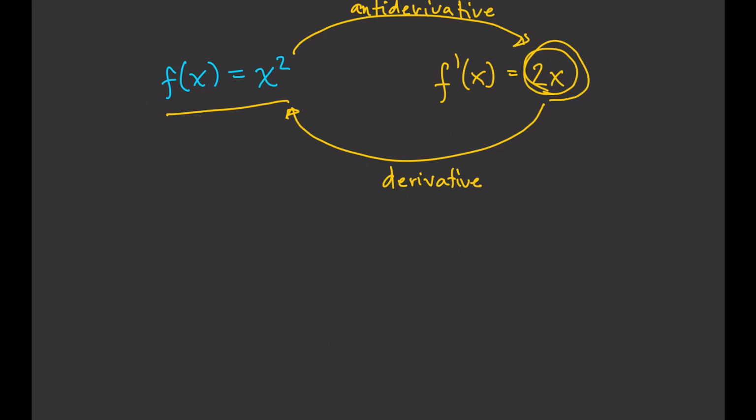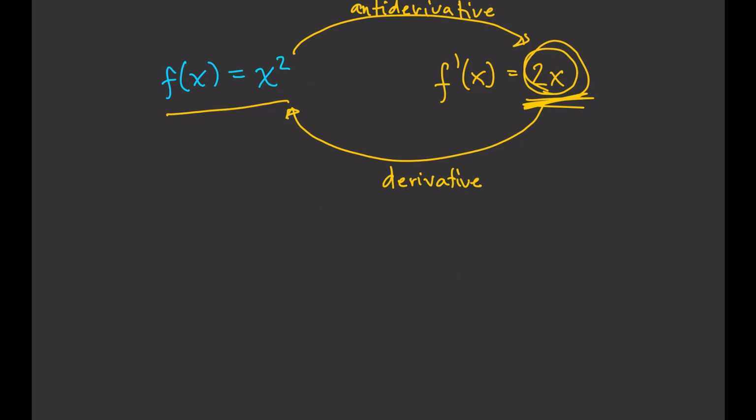So for example, if you were given a function 2x and asked to find the antiderivative, all you need to do is think of a function whose derivative is 2x, and one of those functions is x squared, as we have seen. But is x squared the only function that satisfies that criteria?